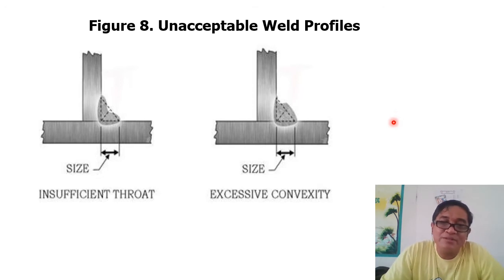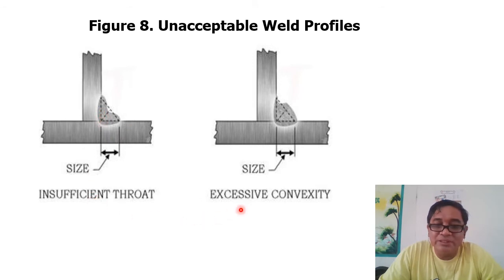If we have acceptable weld profiles, we have also unacceptable weld profiles, in which you need to repeat your work when your profiles look like this. So here in the left side, we have the insufficient throat, and here the excessive convexity.